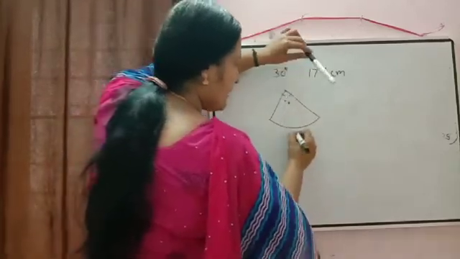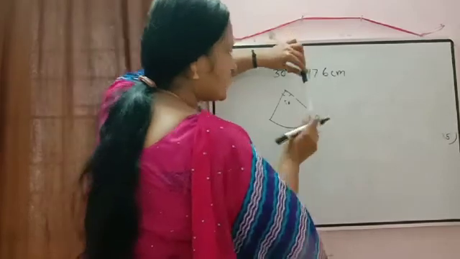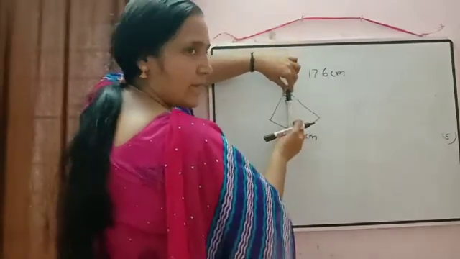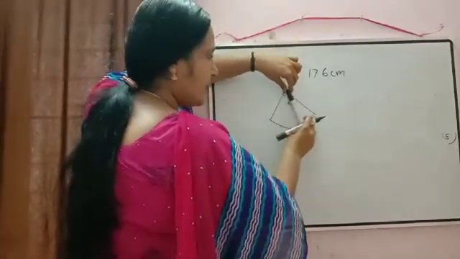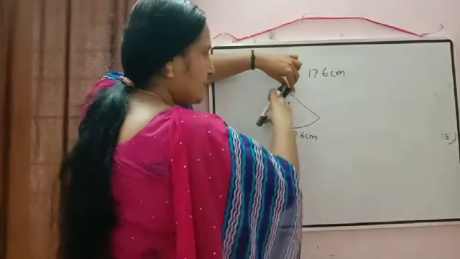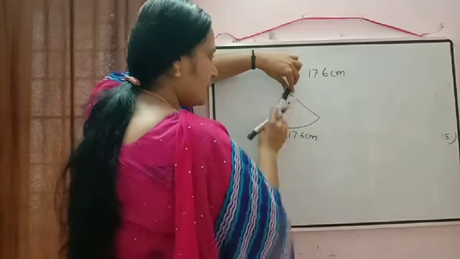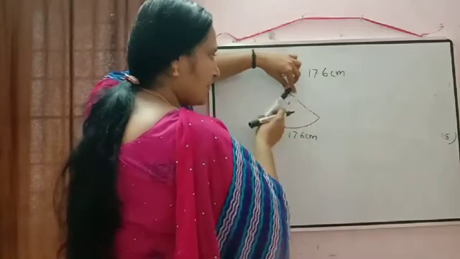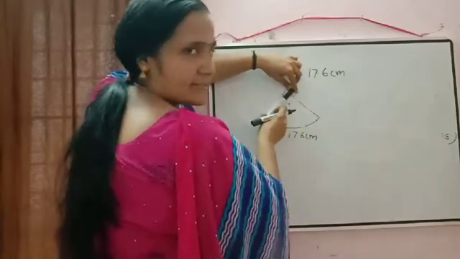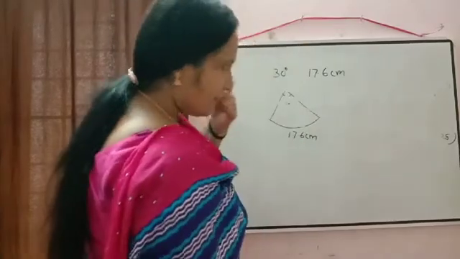That is given here as 17.6 centimeter. What we have to calculate is the length of the pendulum, meaning this length. When you draw the diagram, this length means we have to calculate the radius. Clear? So the radius we have to calculate.